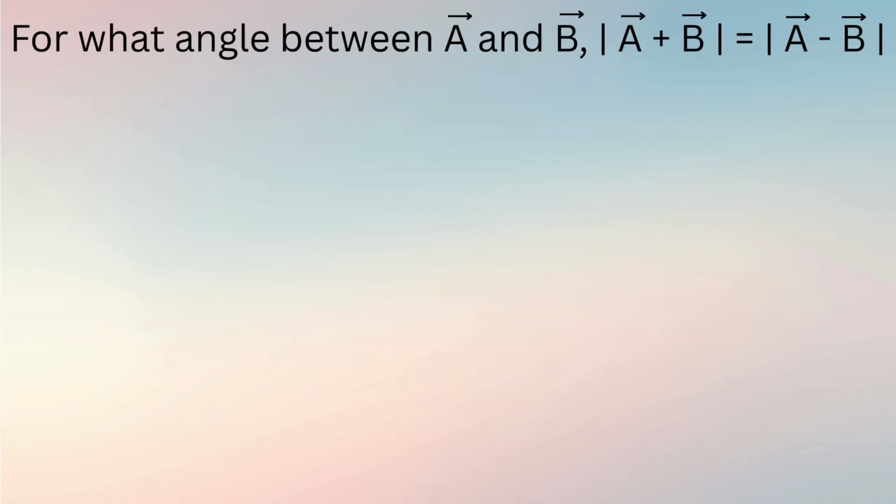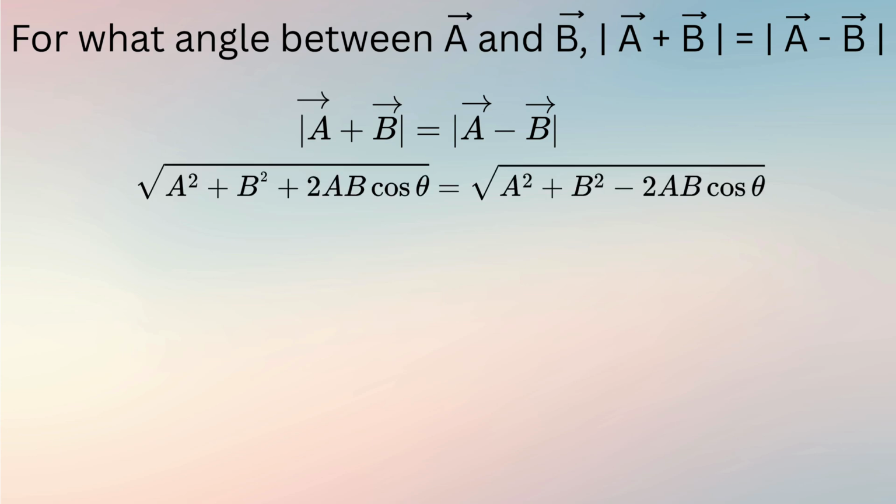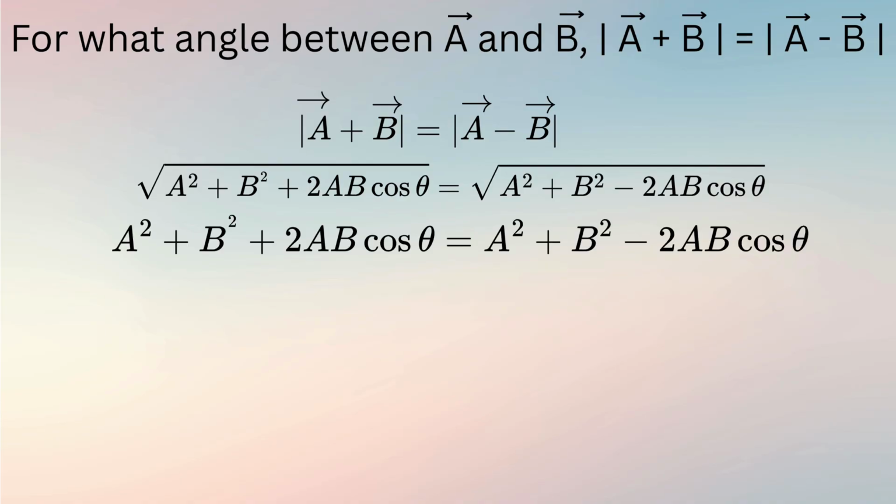For what angle between a and b, magnitude of a vector plus b vector equals magnitude of a vector minus b vector? Consider this equation. Now we can use the respective formulas for addition and subtraction of two vectors which we have already used previously. Squaring both sides, we get a squared plus b squared plus 2ab cos theta equals a squared plus b squared minus 2ab cos theta.